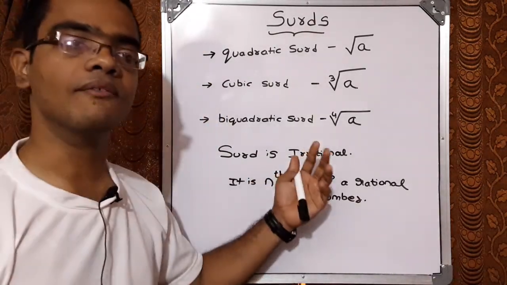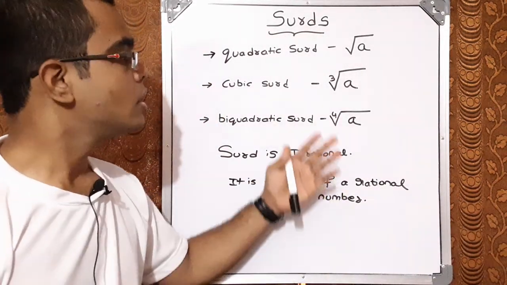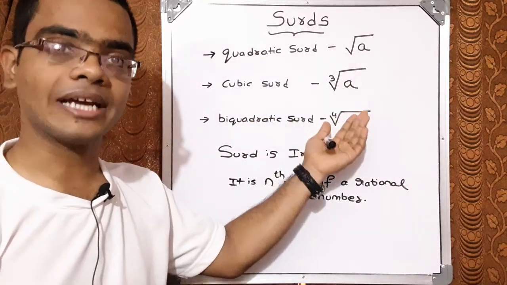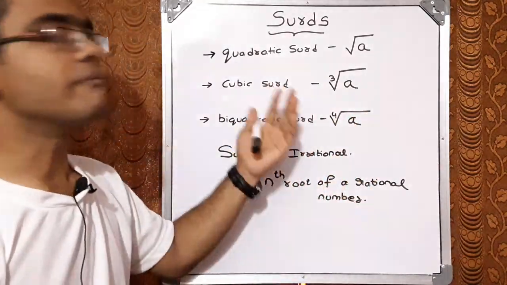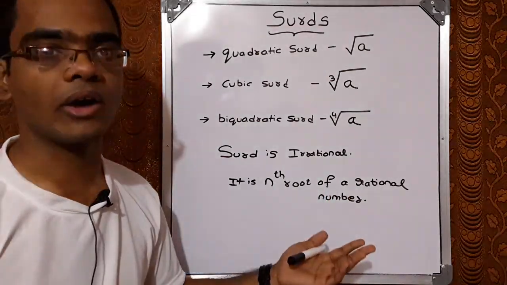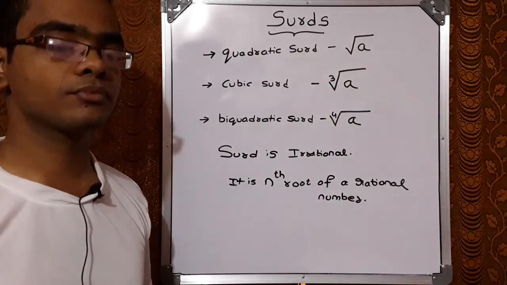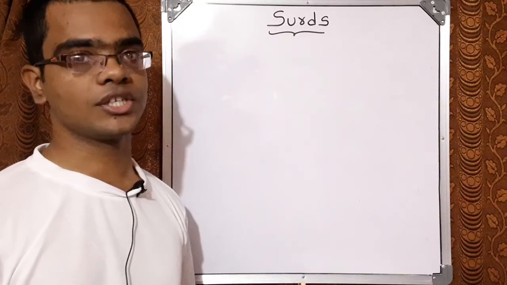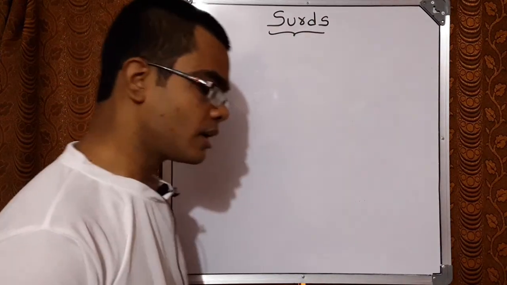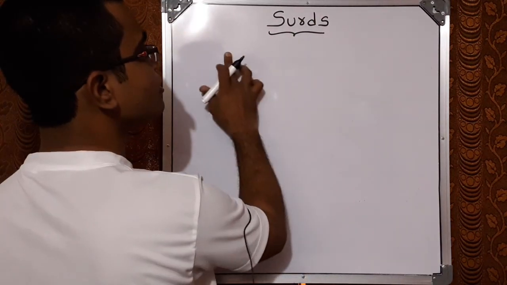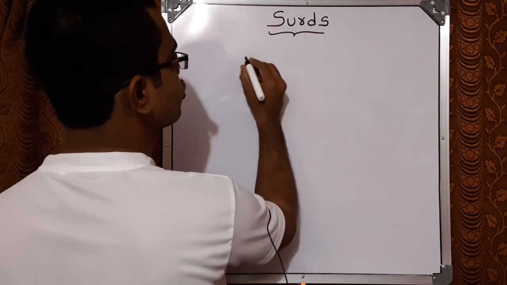Sir, can we call every cube root of a rational number a cubic surd? Every fourth root of a rational number, can we call it a biquadratic surd? Okay students, let us see examples where we can really call them a cubic surd.